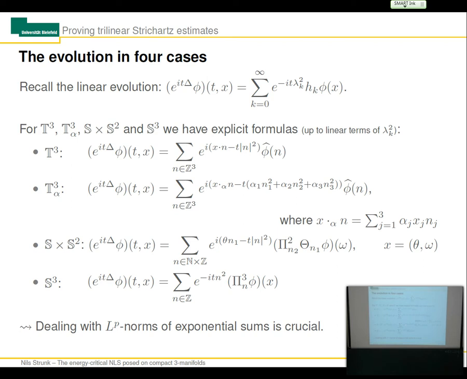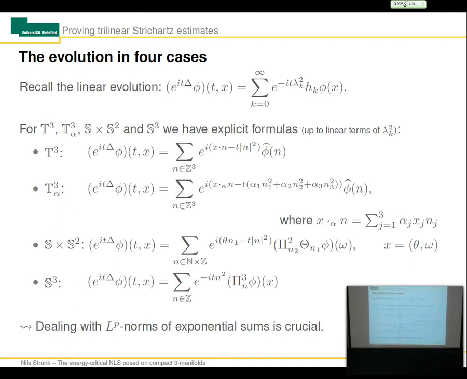We get the same e to the i theta times n1, where n1 is the first component of n. And this is the projector on spherical harmonics of degree n2 in 2 dimensions. And theta n1 is just the n1 Fourier coefficient of phi in the torus component.